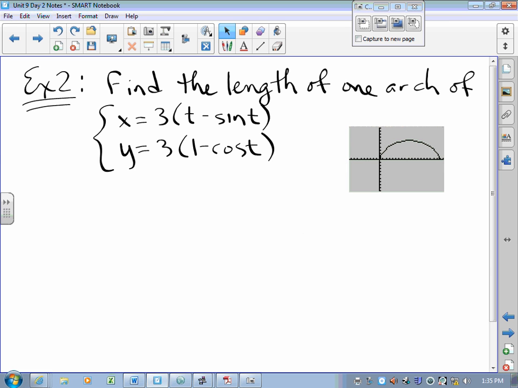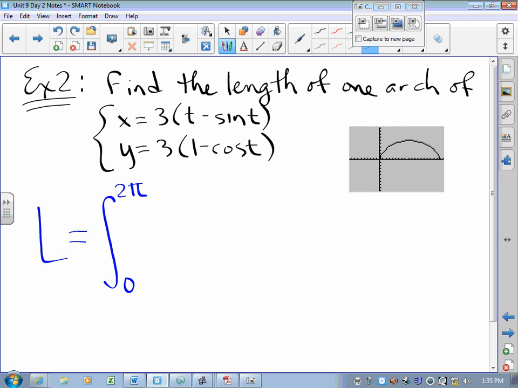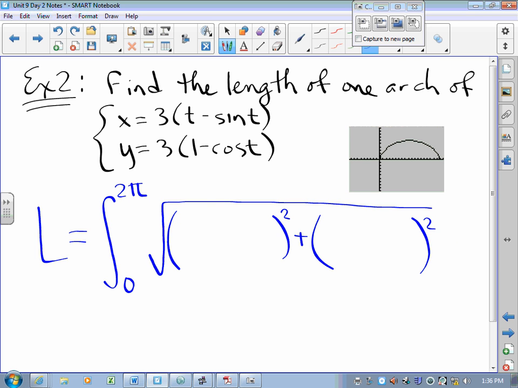What's important right now is that you know how to crank out an arc length integral. And an arc length integral is the integral from one time to another. 0 to 2 pi gets us one period of sine and cosine. That's going to be one arch of the square root of dx dt squared plus dy dt squared dt.